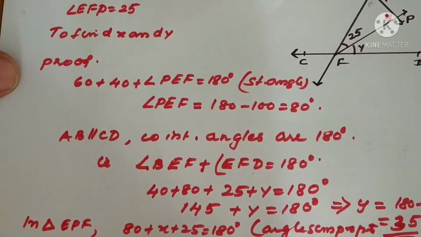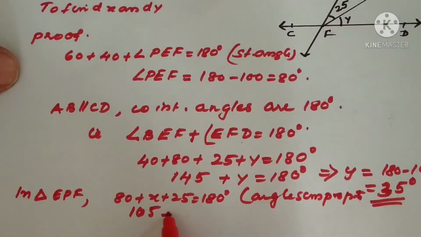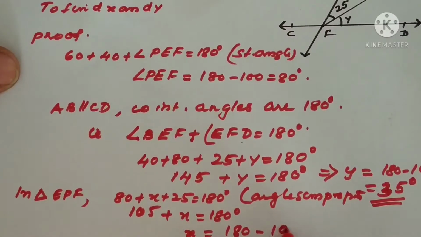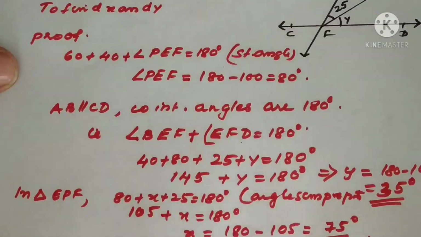So 105 plus X equals 180. X equals 180 minus 105, equal to 75 degrees. So X we got 75, Y we got 35.